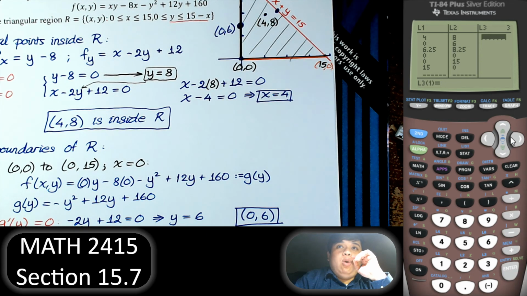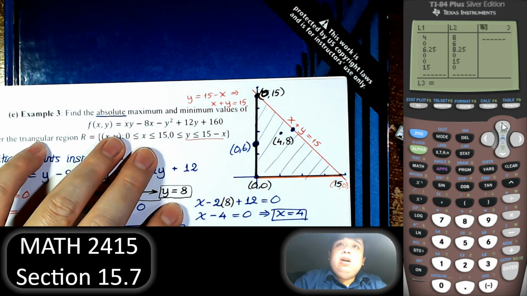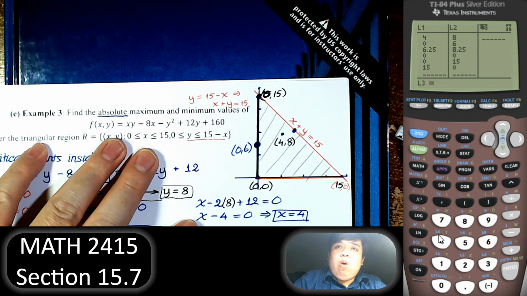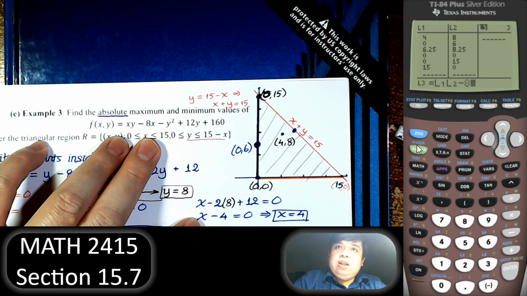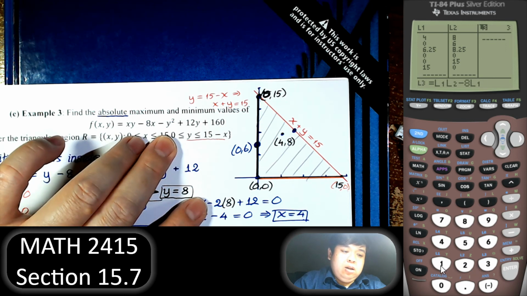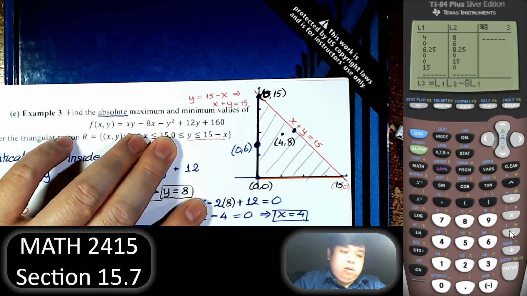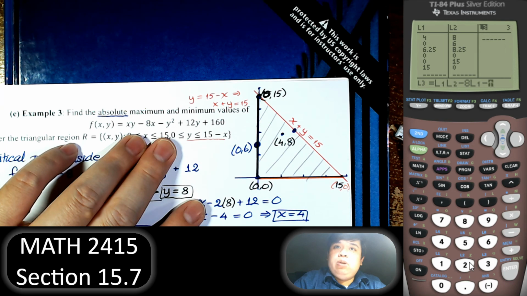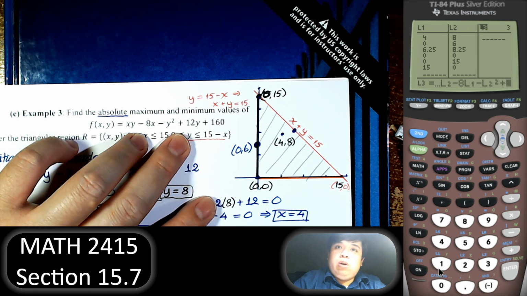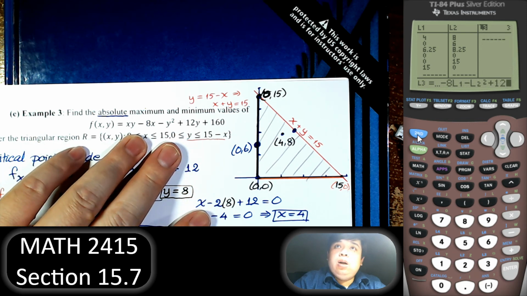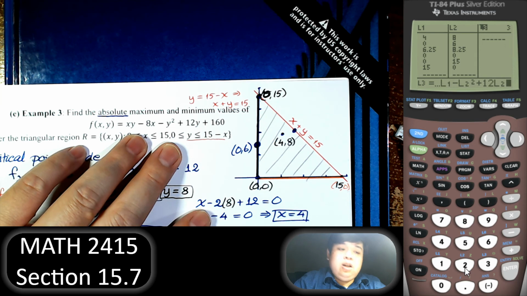Now just need to go back to the function: x times y, L1, L2, minus 8, L1, minus L2 squared, plus 12, L2, plus 160.